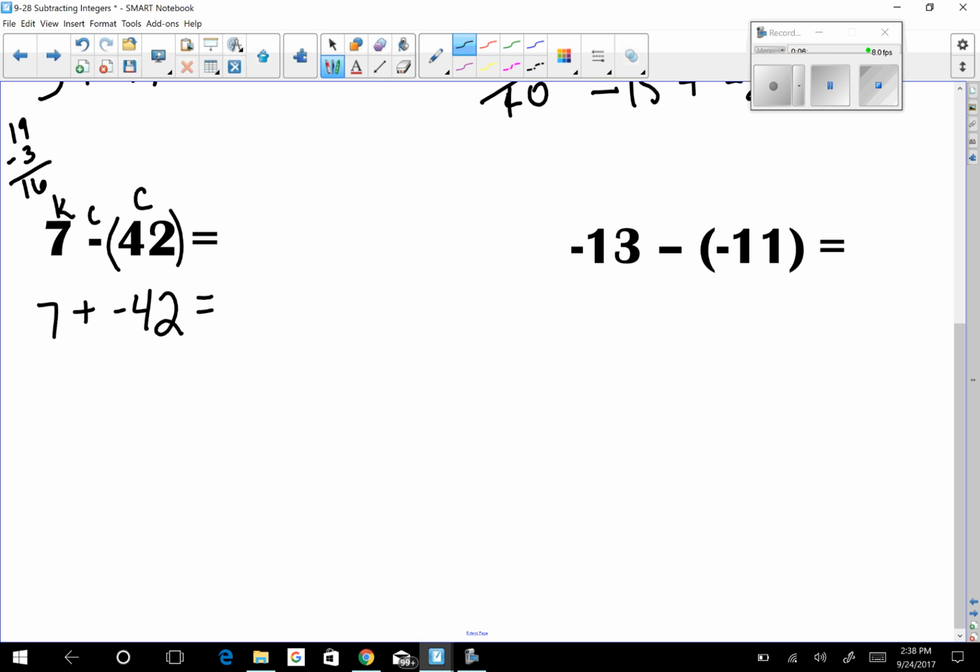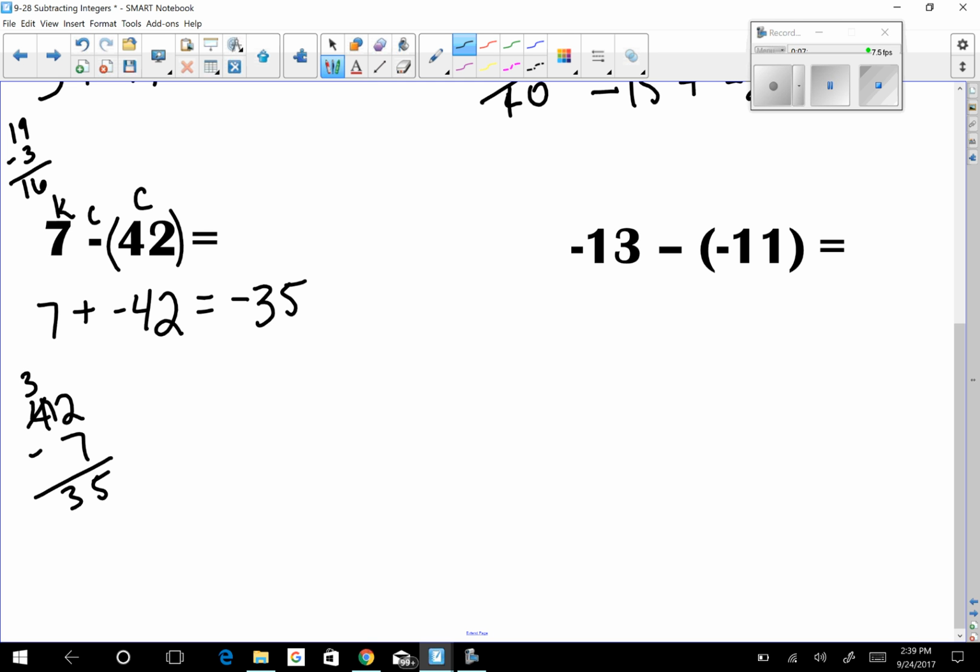And so now we solve. We have different signs, so we have to take their difference. So you have to do 42, take away 7. Okay, gotta borrow. 12 minus 7 is 5. 3 minus nothing is 3. So this is going to be negative 35 because the negative one was bigger.